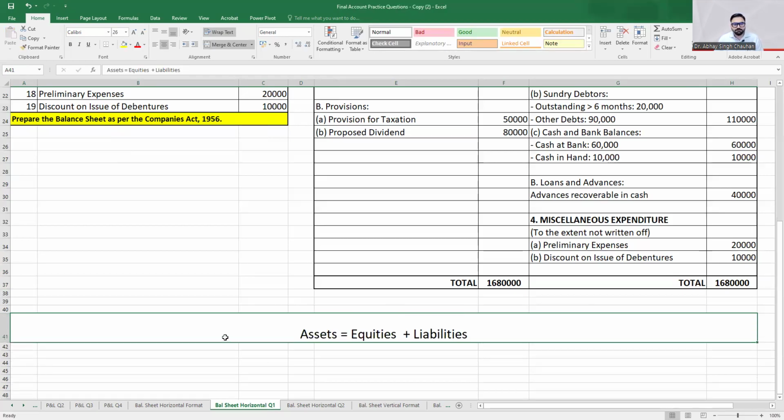Let me also write down equals to, and this is what we call the accounting equation, right? The accounting equation clearly says that the asset side will always be equivalent to your equities and liability side.